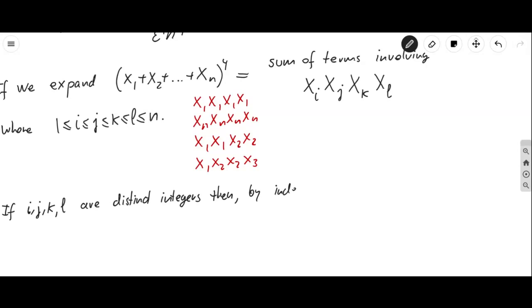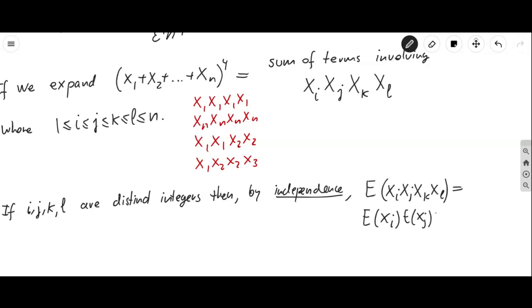By independence, the expectation of their product is equal to the product of their expectations. This is where independence becomes important. But the product of their expectations is 0 because each of these has expectation 0.